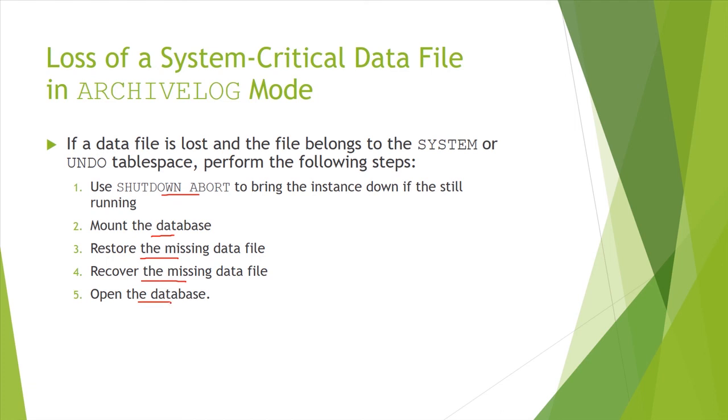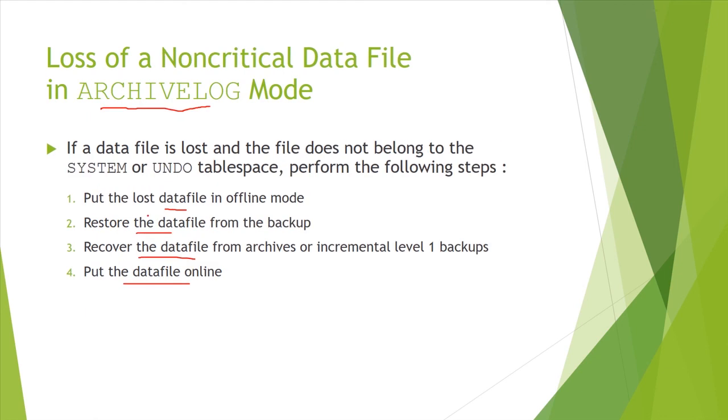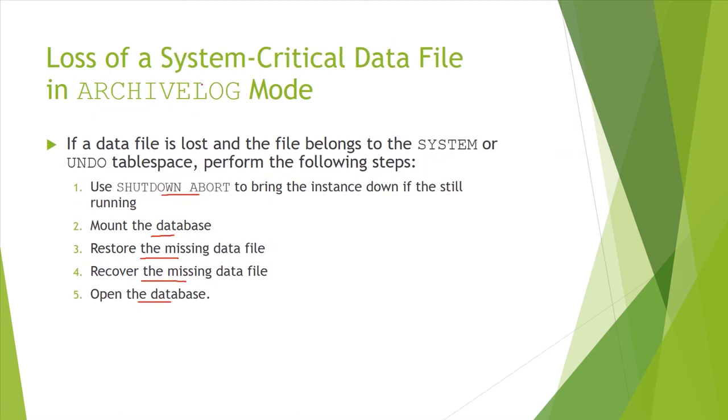The difference between recovery of a system critical data file or a non-critical data file is the state of the database. During non-critical recovery, the database can be open and running, and you just put the data file offline and then restore, recover, bring it online. While if the file belongs to a system critical data file, the database must be in mount state.